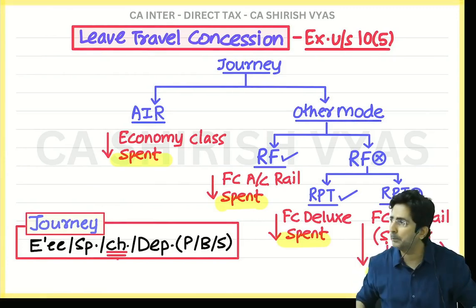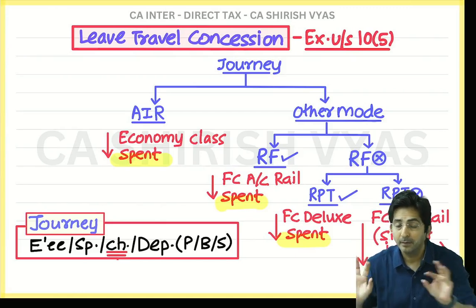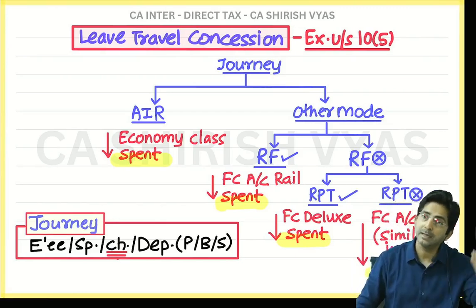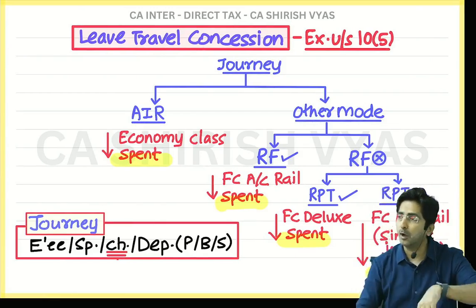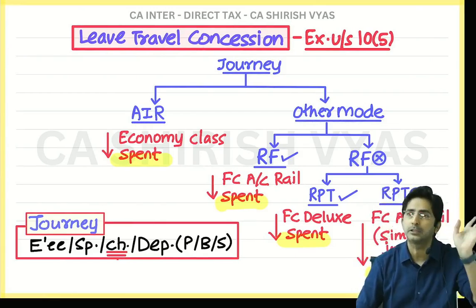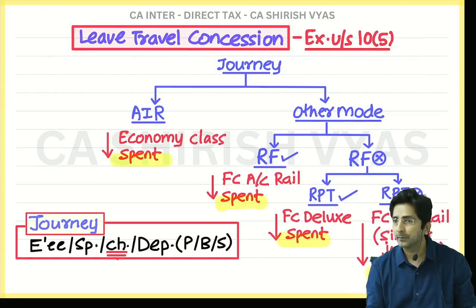So imagine an employee has got 10 children. 5 were born before 1/10/98, 5 were born after 1/10/98. So for those born before 1/10/98, all 5 are eligible. And for those born on or after, maximum 2 children. Remaining 3 taxable.